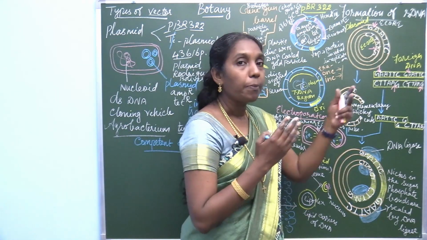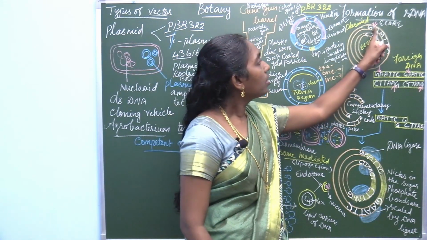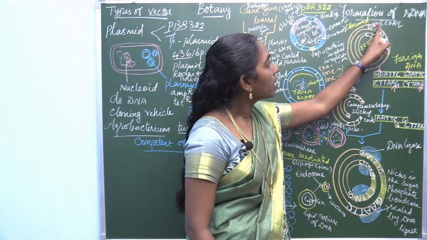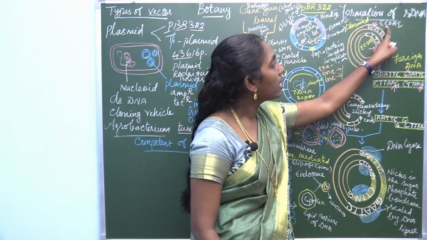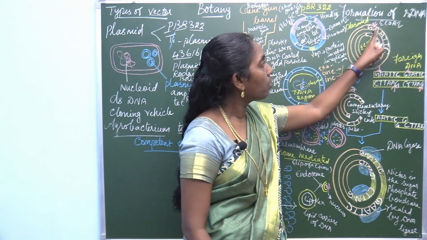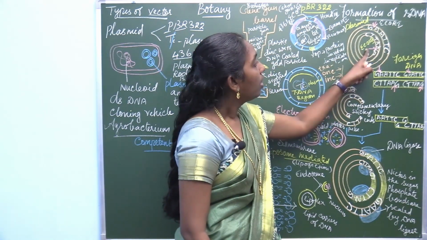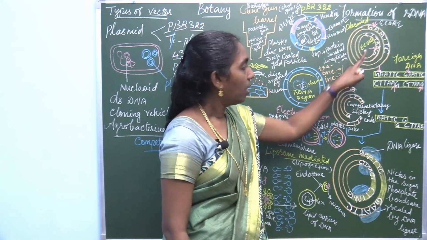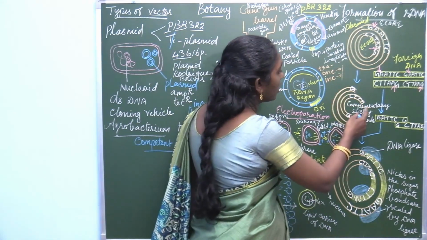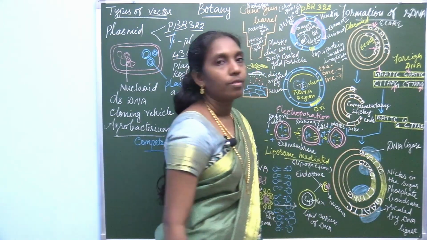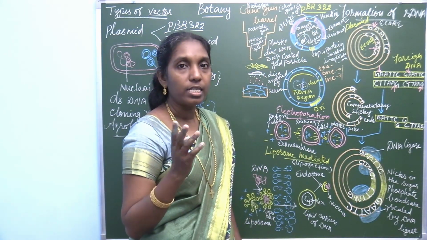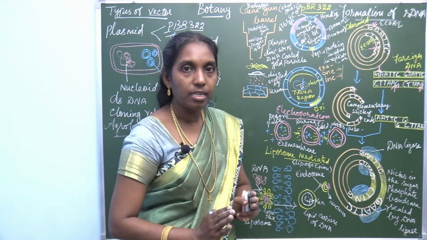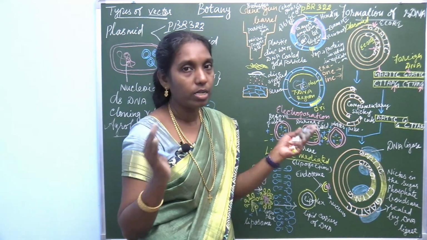Here the arrow represents the cut site of EcoRI, which cuts open here in the plasmid. After cutting, it produces sticky ends. It can cut either in the center of the DNA sequence or on one side.